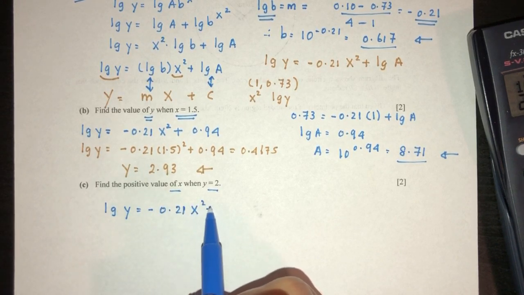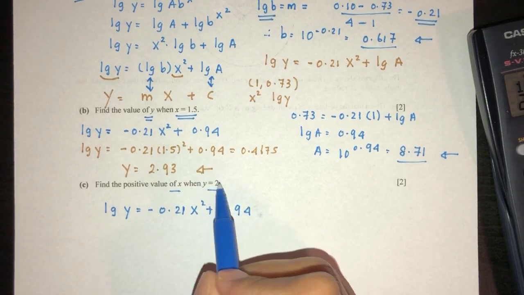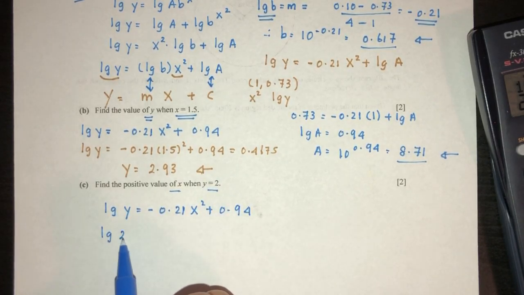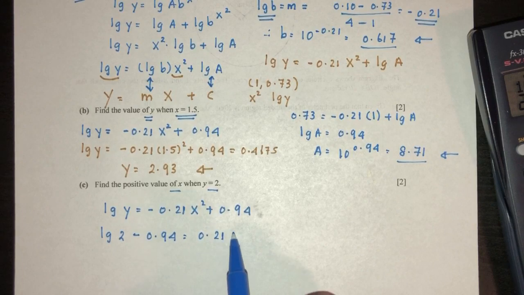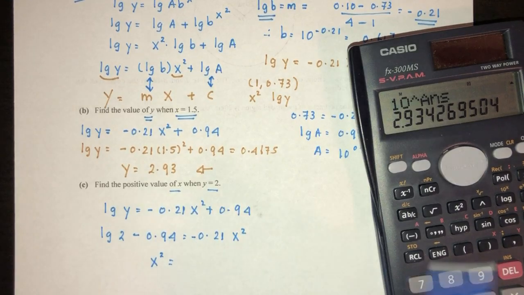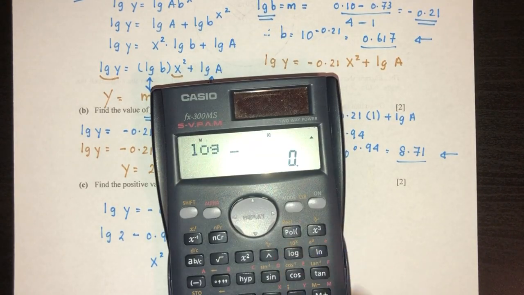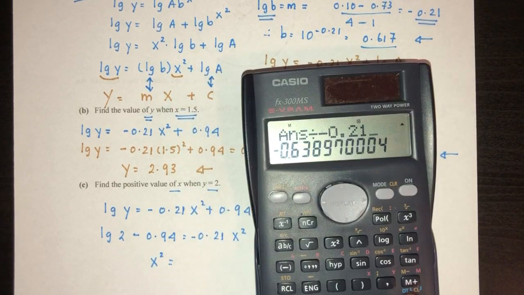Now we have to make x become the subject of formula. So first replace this one back here. You will have log of 2 minus 0.94 is equal to minus 0.21 x squared. X squared is what? Let's find out. So log of 2 minus 0.94 divided by minus 0.21.